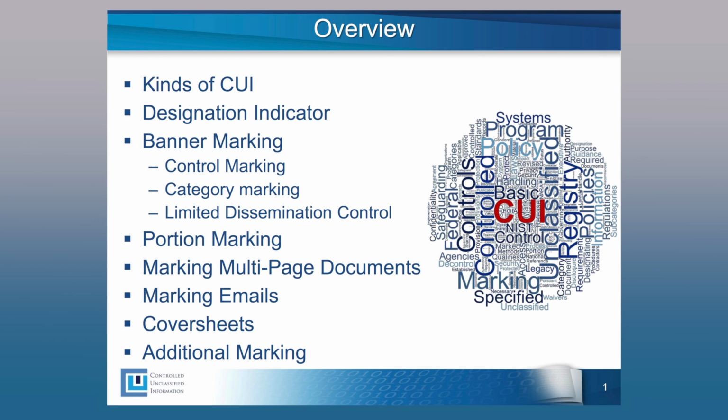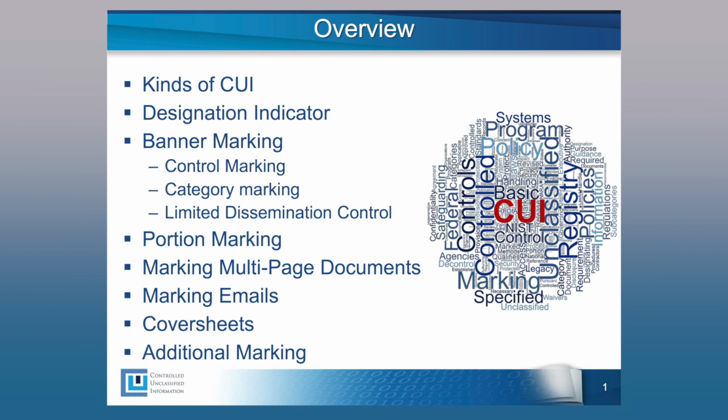What standardized CUI markings try to accomplish is to make sure that CUI is adequately protected by all agencies and to facilitate timely information sharing to authorized recipients. This presentation is going to address all of the marking requirements for CUI, including the application of a designation indicator and the banner marking, and what elements must or can be included in the banner.